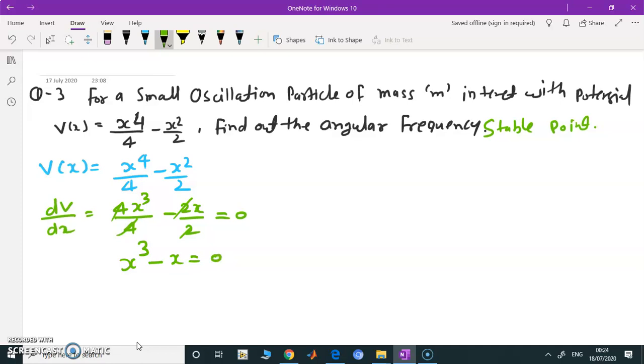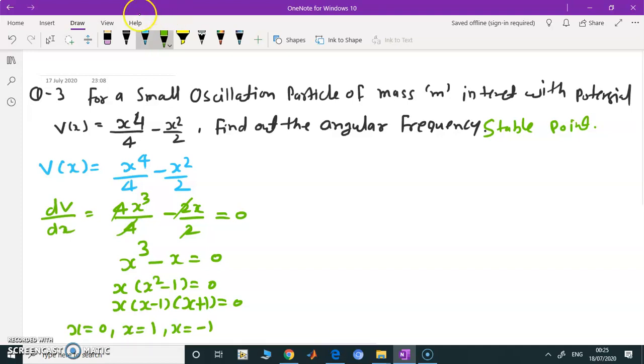Here x is common, so I get x square minus 1 is equal to 0. Simplifying, I can write x minus 1, x plus 1 is equal to 0. So I will get x is equal to 0, x is equal to 1, and x is equal to minus 1.